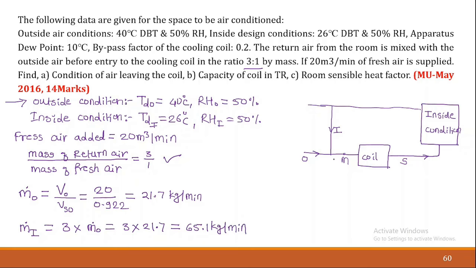Now we have the mass flow rate of fresh air O and of return air. Both streams mix together and form this M point.